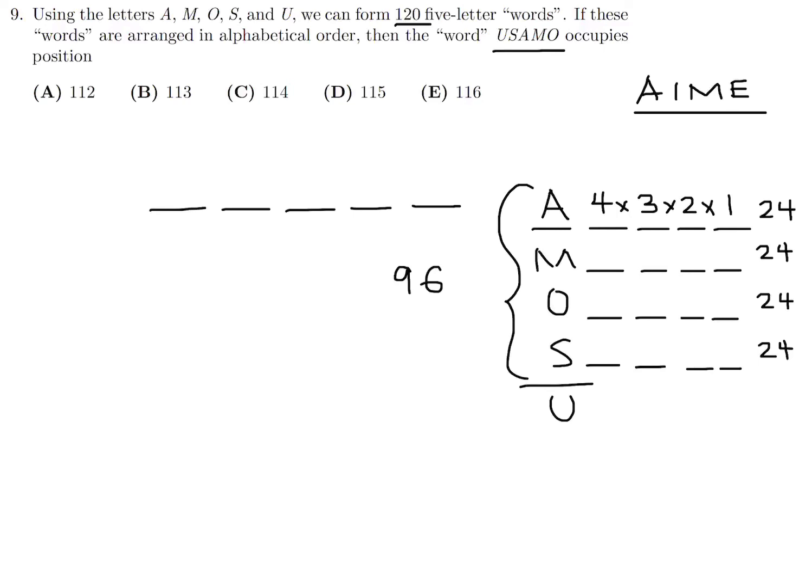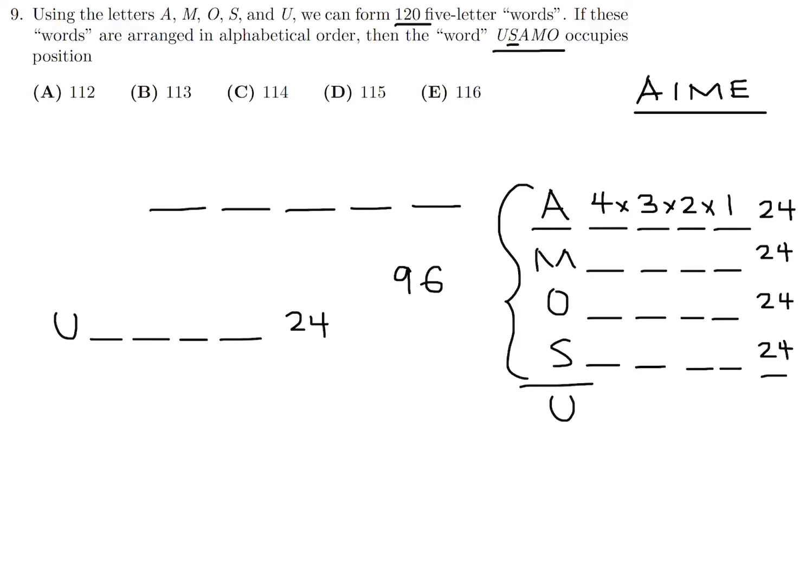So here we go with our U words. Our U words, or the words that begin with U, there's 24 of them in a very similar way as all the other ones. And we want the second letter to be S, okay?